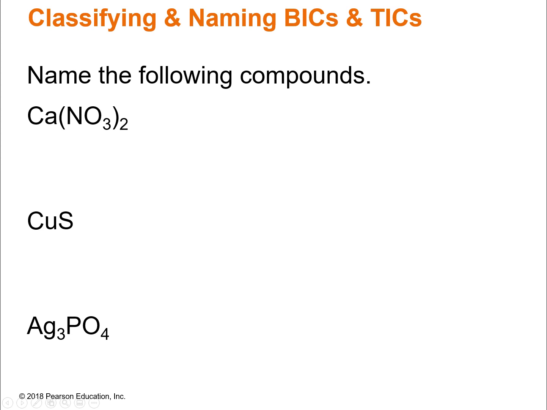First, I want you to tell me, so we're doing this first one. Do you think this first one is a binary ionic compound or ternary ionic? It's ternary ionic. We've got 3 elements.